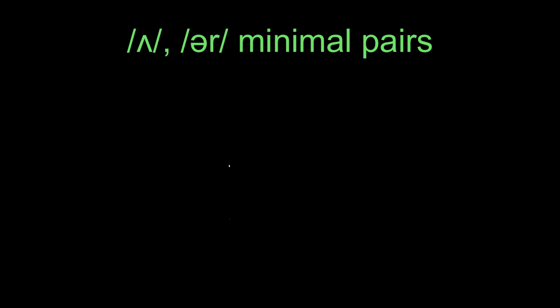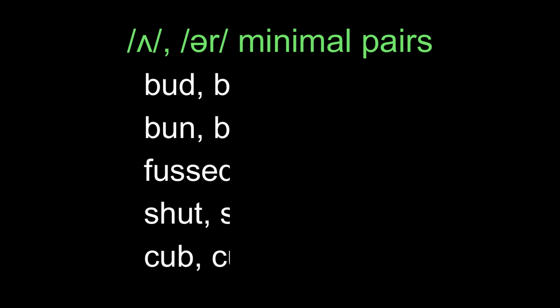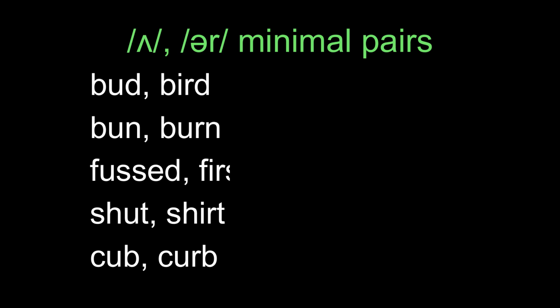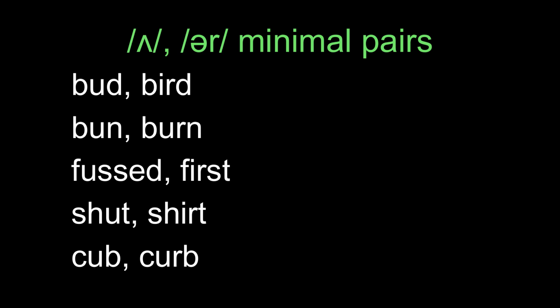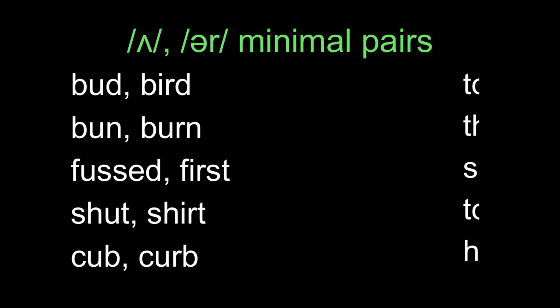Minimal pairs. These are minimal pairs of the two vowels. Bud, bird. Bun, burn. Fuss, first. Shut, shirt.